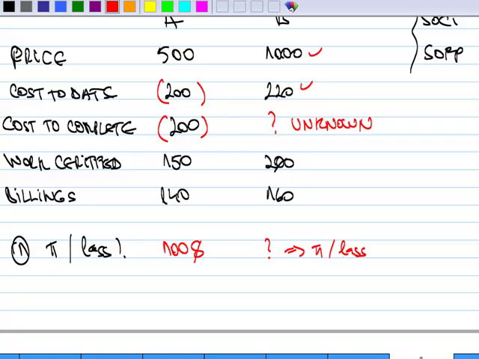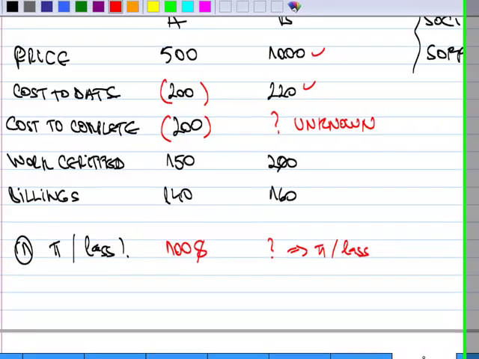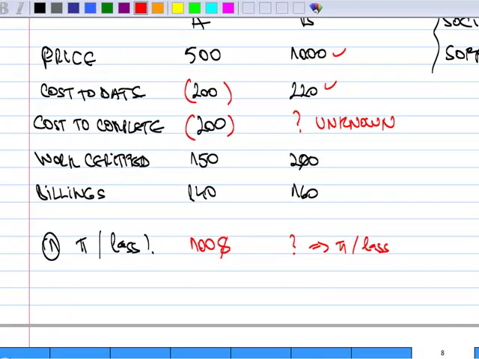And once you establish this, the way to reflect this in the exam is fairly straightforward. For the one that is going to make a profit, project A, I will be reflecting by reference to stage of completion. And for project B, that will be the first one for you to reflect in the exam, because as far as you don't know, IAS 11 says if you don't know, then don't show me any profit, any losses deriving out of this contract.